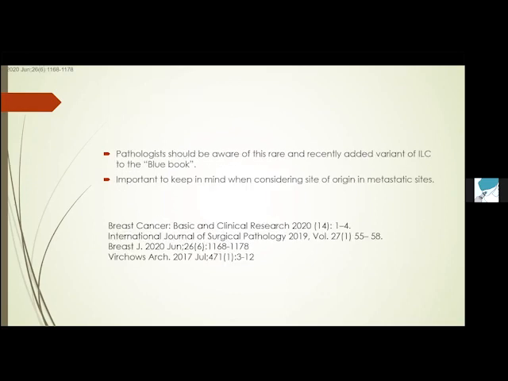So I suggested to Nicolina that we present this case just to increase the awareness of this entity, which was recently added as a variant of invasive lobular carcinoma in the Blue Book.